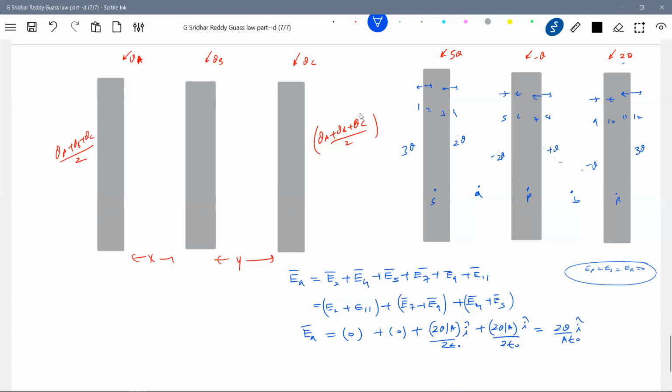Keeping that in mind, directly I'll write the field strength at point B. It is only due to what?